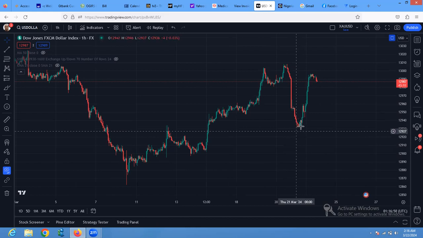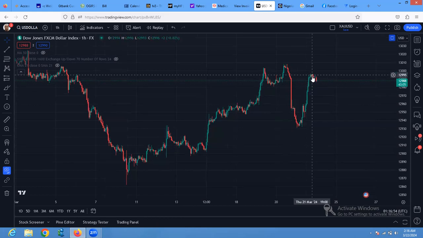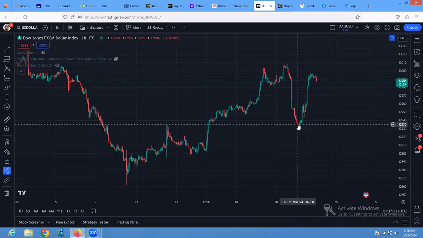We had that move. After this move, this one came down in a 5-wave structure, and this one went up in a 3-wave format.